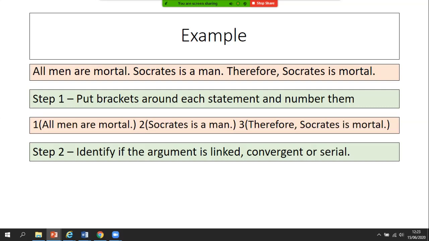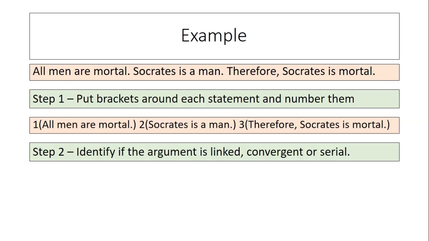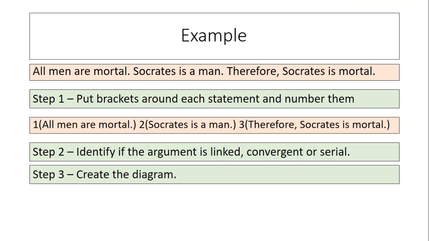If you say Socrates is a man, therefore Socrates is mortal, there's no grounds in the argument to believe that. So you need to put all men are mortal to then get to the conclusion that because Socrates is a man, he is mortal because all men are mortal. Okay. You then create the diagram, and the diagram looks like this. 1 plus 2 with your bar and the arrow to number 3.